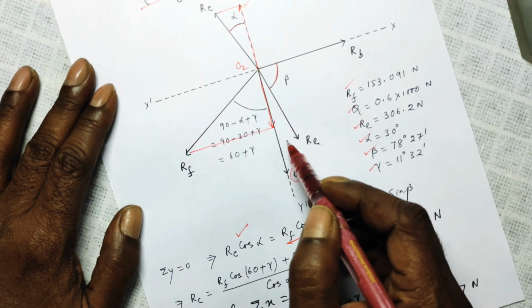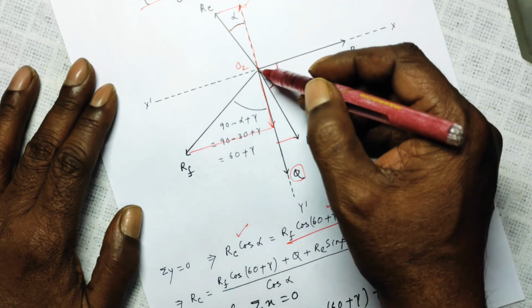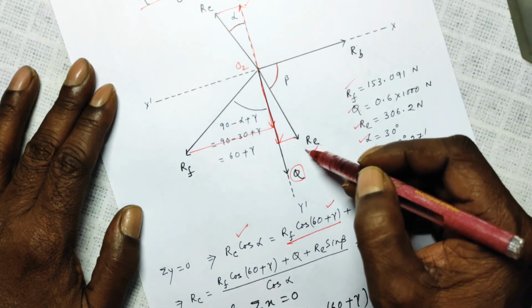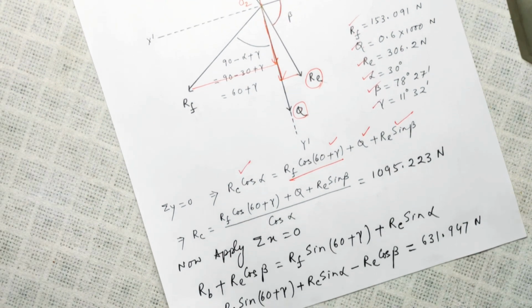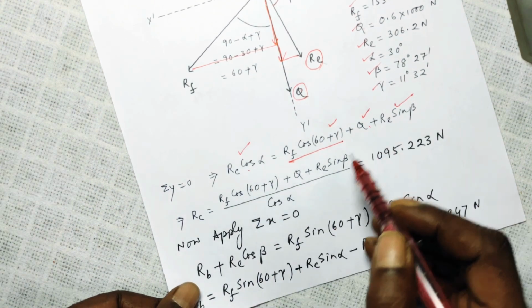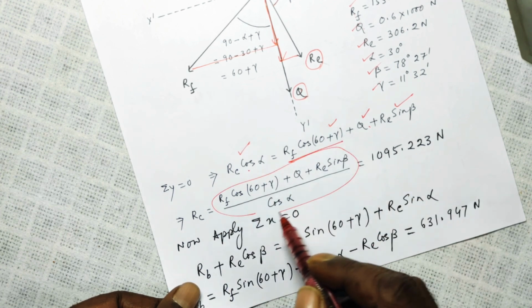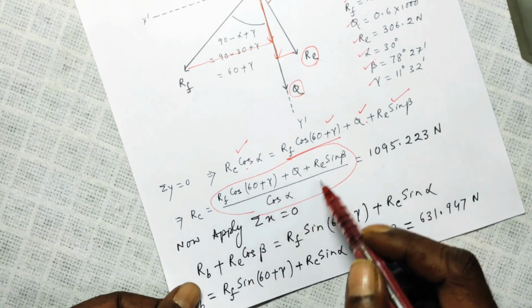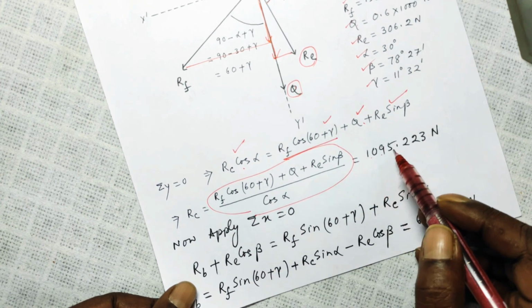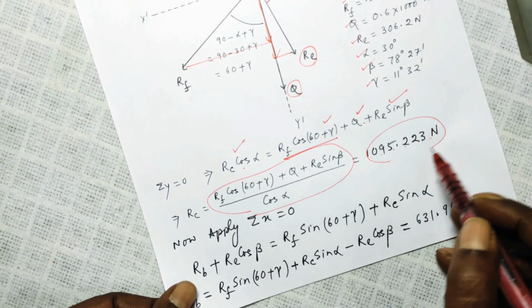And if you drop a perpendicular here, this length from here to here will be your RE sine beta. So your cos alpha goes to the other side, it is divided. Just put the values in a scientific calculator. Don't calculate individually. It comes out to be 1095.223 Newton.